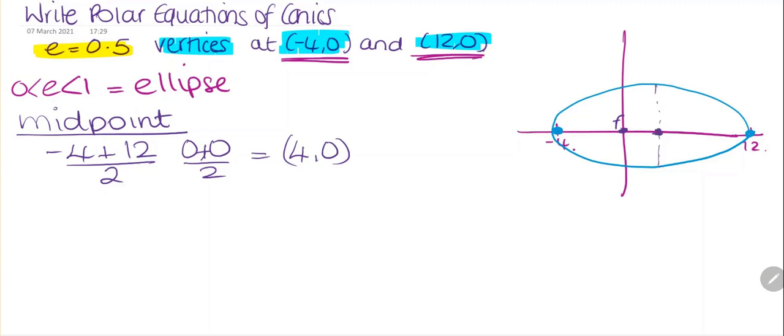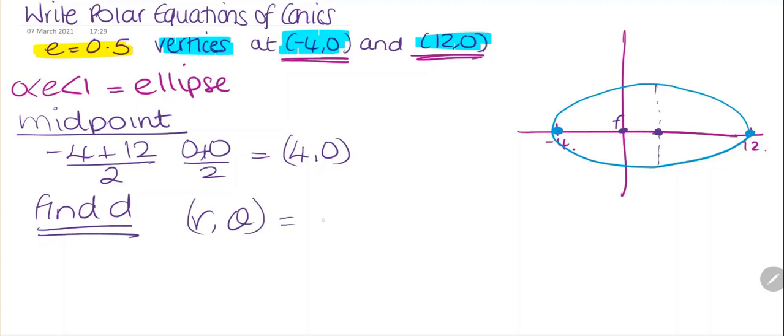And what we need to do is to find d, so to find our directrix. So the vertex point, we are going to look at r, theta. So this is our equation.